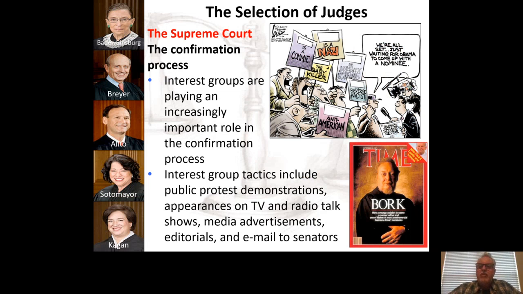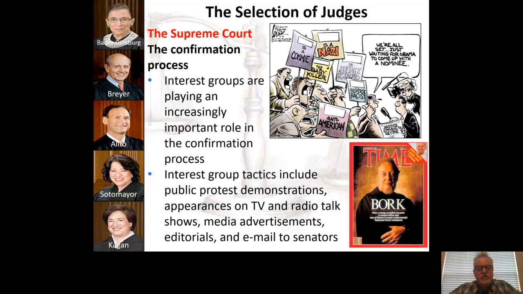But the confirmation process has become politicized in the last 40 years, beginning with a very, very conservative justice, Bork, who was nominated to the court, who was against Roe v. Wade, a woman's right to choose, which made the Democrats at the time very concerned about him sitting on the bench.